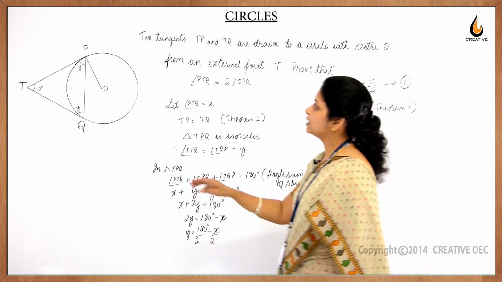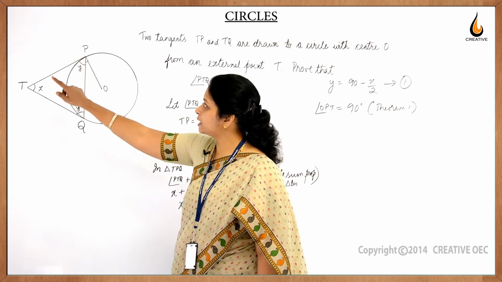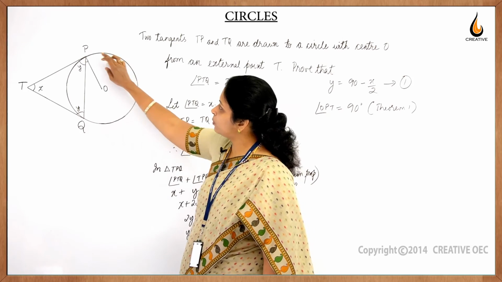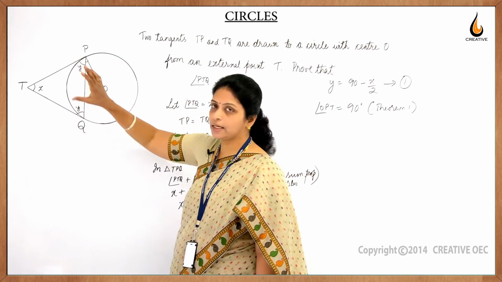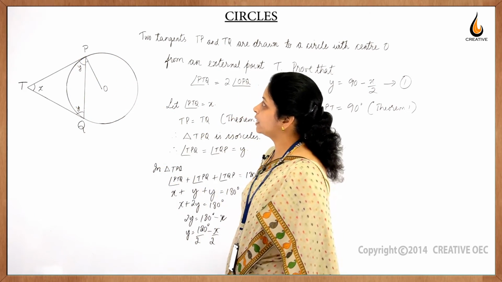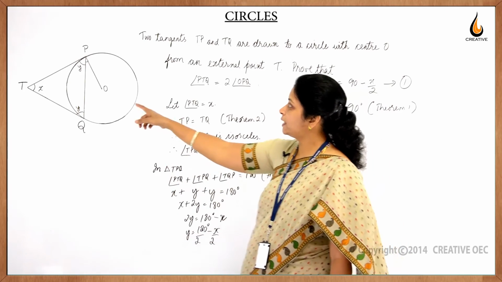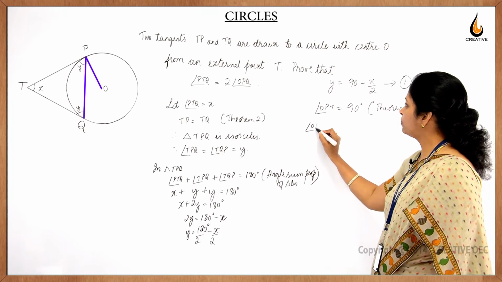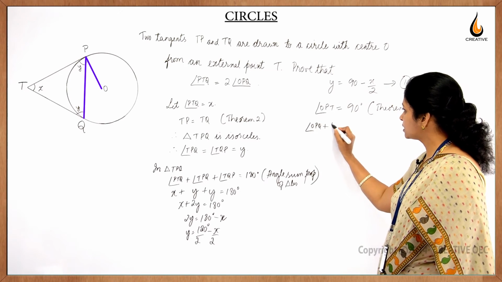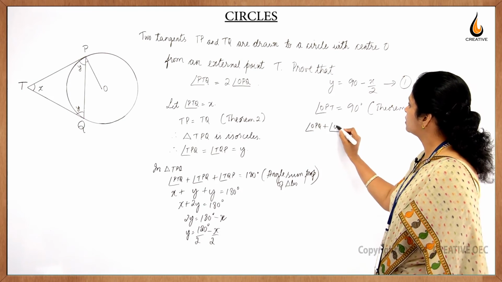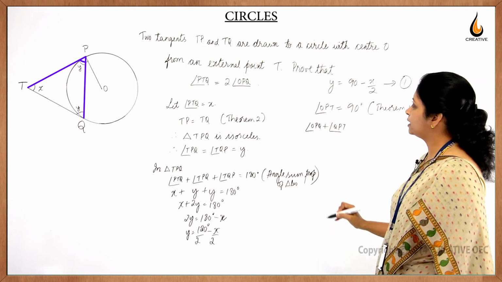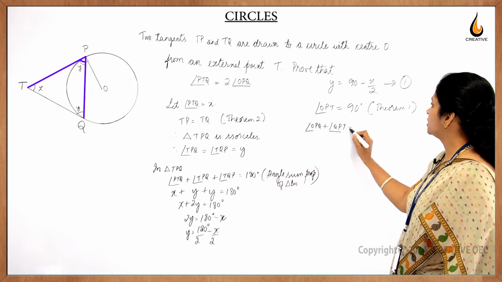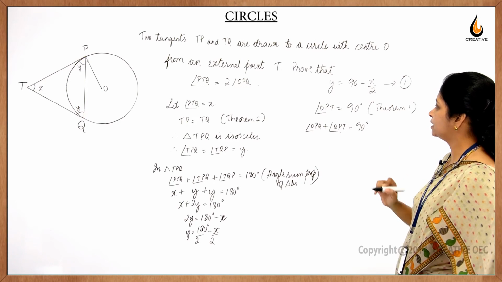But here we can see that this angle OPT is nothing but OPQ plus this angle. Two angles are added to get OPT. So, we can write OPT as angle OPQ plus angle QPT, or TPQ, is equal to 90 degrees.